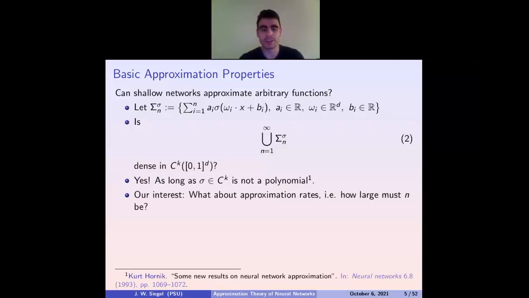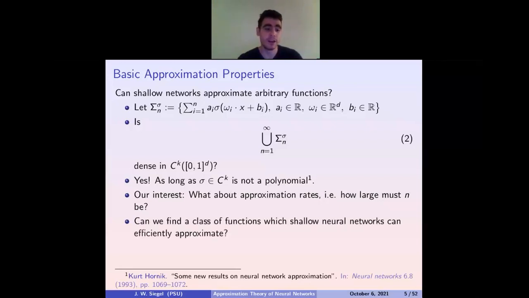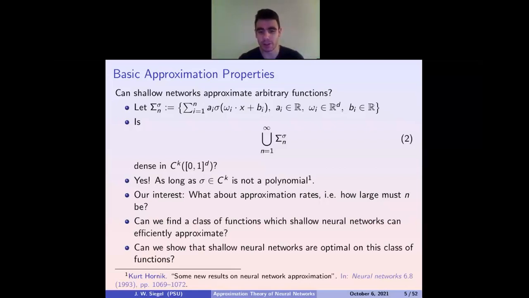But of course, our question is, how wide does the network have to be? Or in other words, how many terms do I need in this expansion in order to accurately approximate a function? So how efficient are shallow neural networks at approximating certain functions? In particular, we're going to identify a class of functions which shallow neural networks can approximate efficiently, and then our goal is to show that these shallow neural networks are optimal in a certain sense on this class of functions we're going to find.